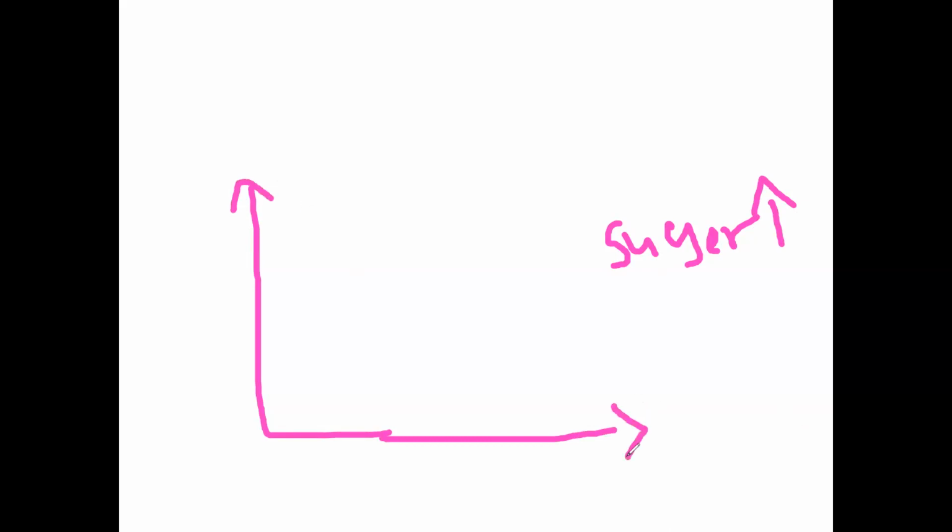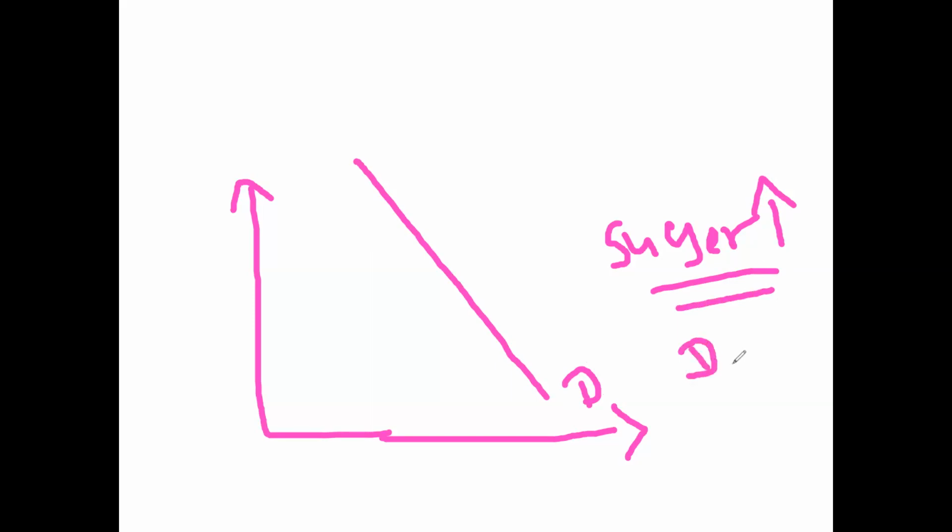Will they demand more? Sugar price increases, and we definitely need sugar to drink tea. So what will happen to the demand curve? They will reduce demand, because otherwise we need more money to have a tea. So therefore demand will reduce.